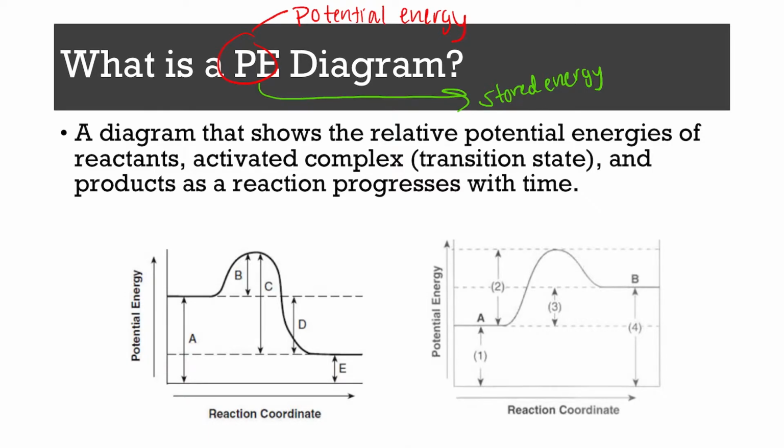These diagrams show you how the potential energy changes as a reaction goes on. You're starting here, you have this increase and then it decreases, and that's how the potential energy changes in that kind of diagram. The reaction coordinate is time.